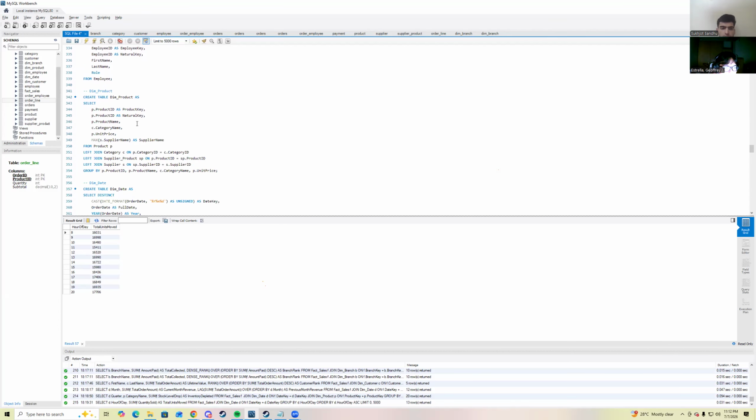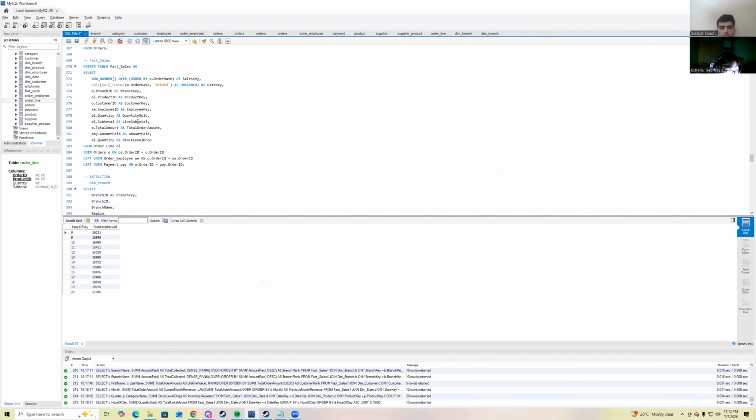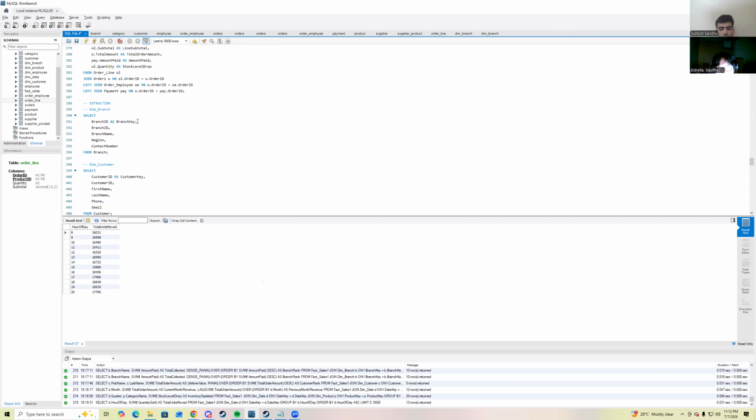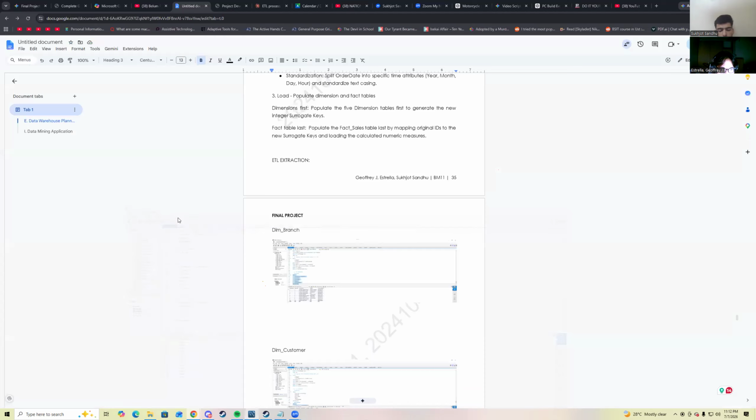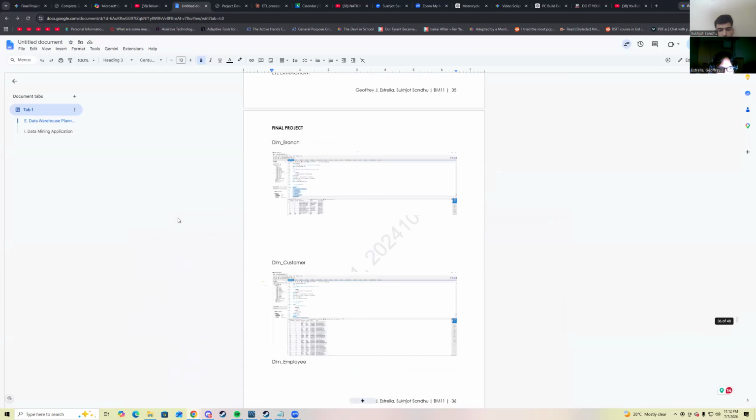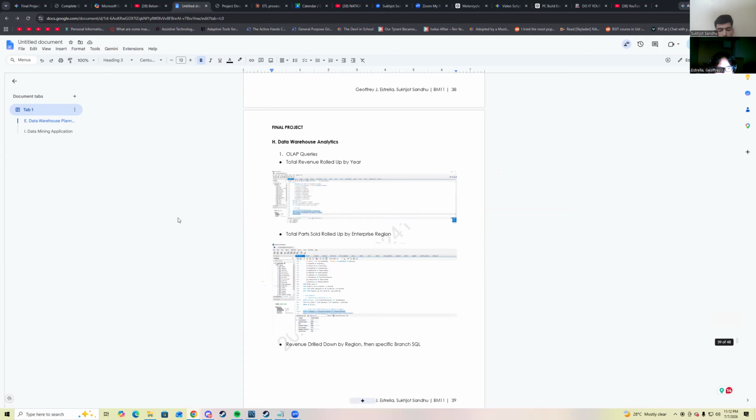Then we do the ETL and the extraction, where we export the tables for each dimension from the star schema. And that's the ETL process.